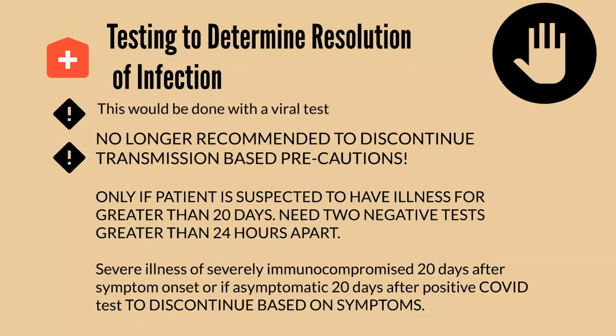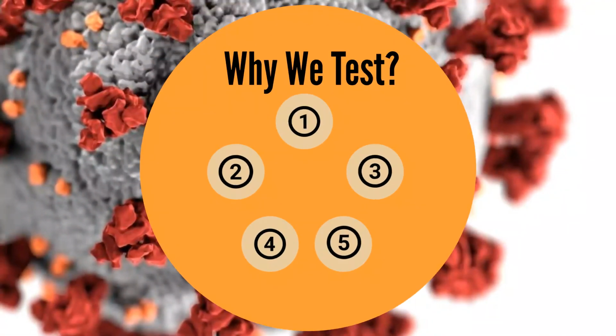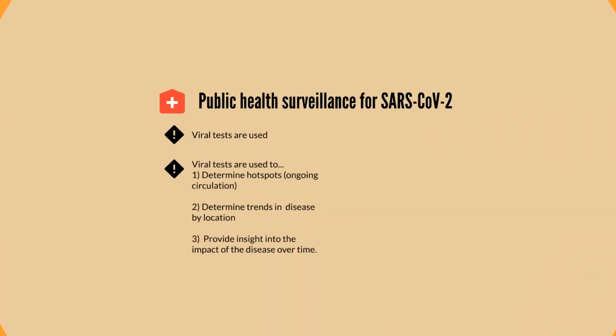Or if you were asymptomatic, 20 days after a positive COVID test to discontinue your isolation or quarantine. So testing is no longer recommended to discontinue isolation into the free world. It's more based on symptoms, and we'll get into that a little bit more later in further topics.